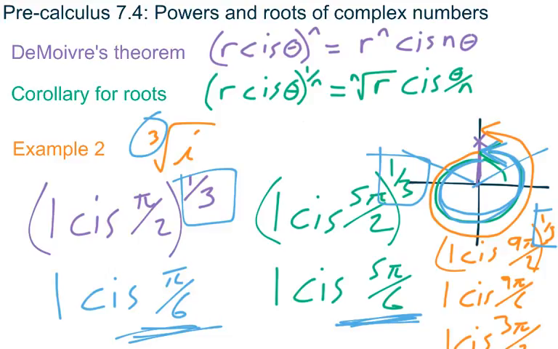That's how we got our first answer. The other two answers we got because we went around the circle again, which raised that angle by 2 pi. So we just added 2 pi to the angle and then did DeMoivre's theorem one more time to get our second and third answer. After we did that, we converted them back to rectangular form.